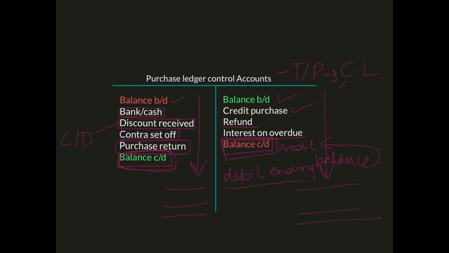This is because the term debit is actually attributed to the balance which will be carried forward to the next term, which will be on the debit side. This represents the amount that your suppliers owe to you at the end of the term.